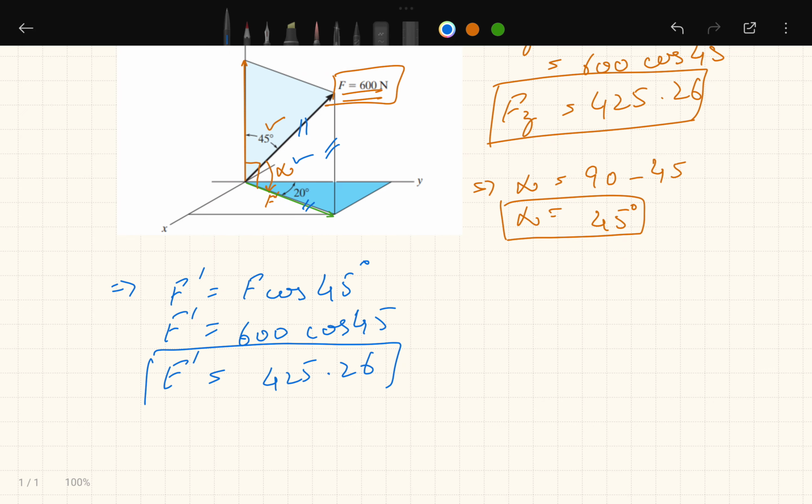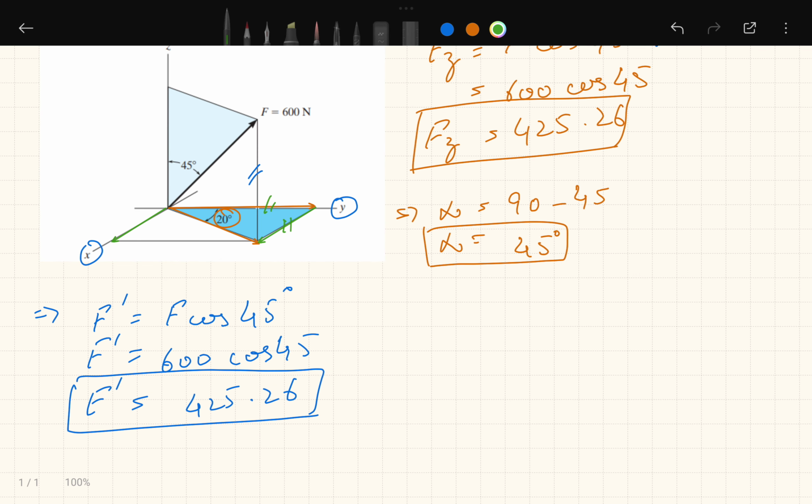Now comes the second step. Now we know the angle 20 with the y. That would mean that your Fy will be equal to F prime cos of 20, because the angle of F prime with the y is 20. Cos, because the angle with y is given.